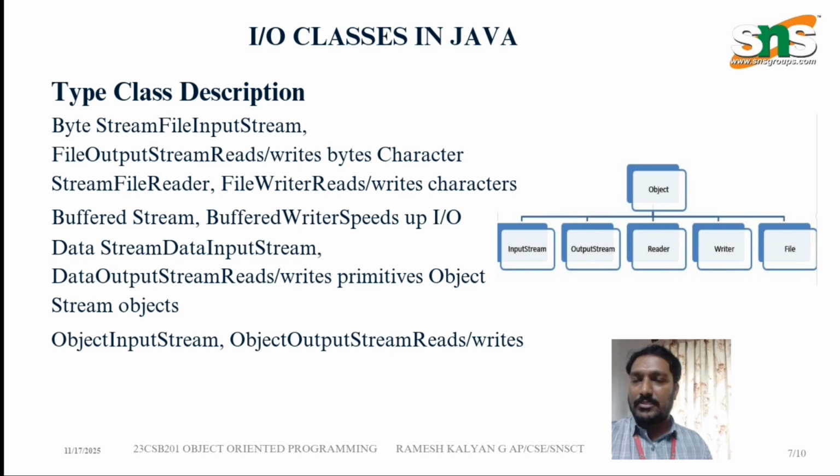Next is the buffered stream, which is used for buffered writing. Next is the data stream, DataInputStream and DataOutputStream, which read or write primitive data. Next are ObjectInputStream and ObjectOutputStream, which read or write objects.